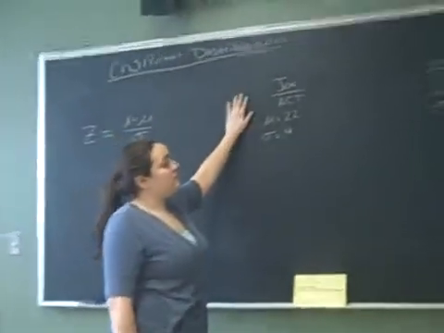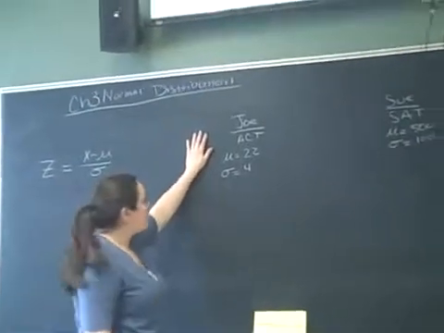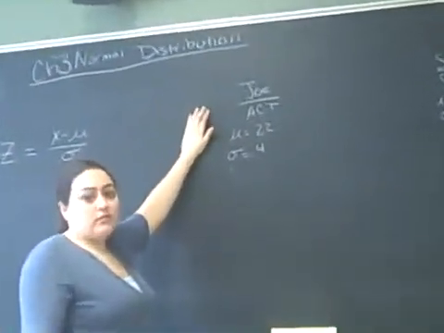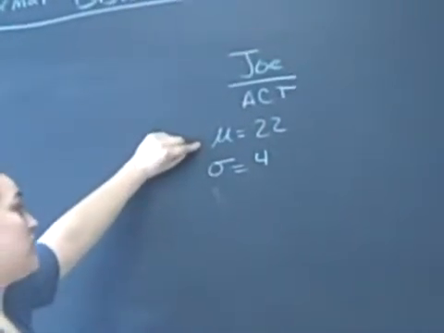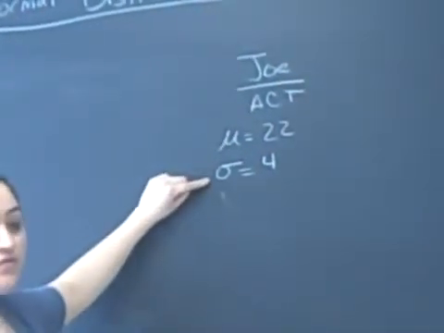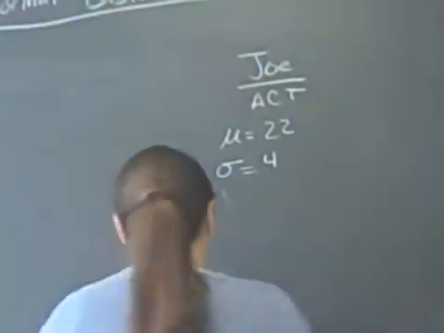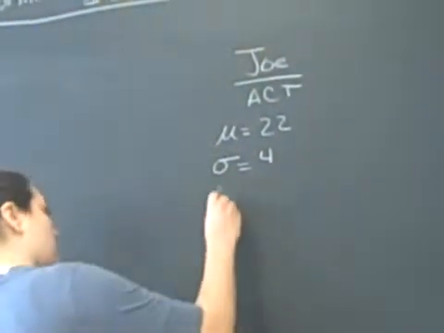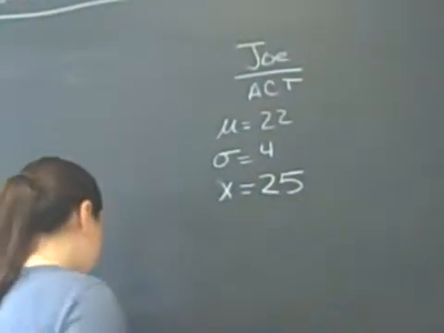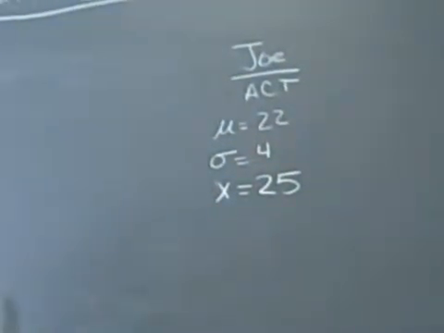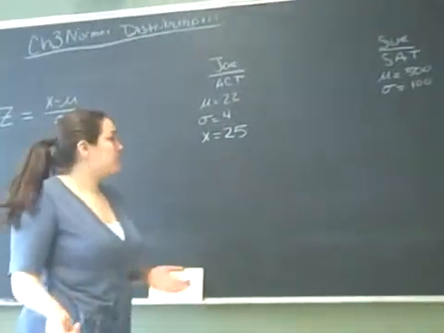Take Joe, for instance. He takes the ACT, and the people who are in charge of the ACT tell us that the mean score is 22 and that the standard deviation is 4. If Joe scores 25 on the ACT, and we want to know he did better than what percent of people?